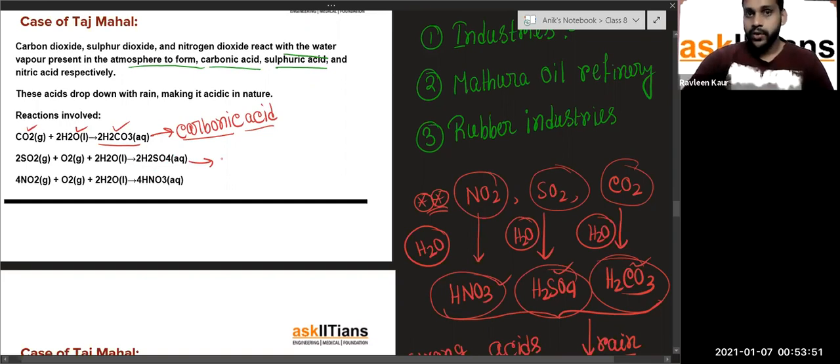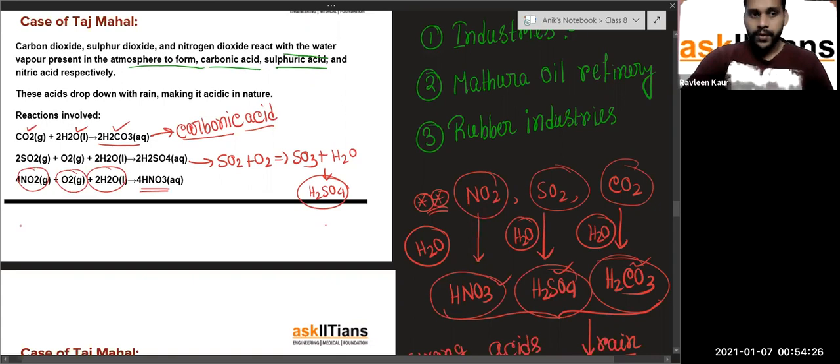SO2, after reacting with oxygen, makes SO3, sulfur trioxide. This sulfur trioxide reacts with water to give you H2SO4, isn't it? This is another strong acid, and it is another constituent of acid rain. And here as well, you can see NO2, oxygen and water together make HNO3.